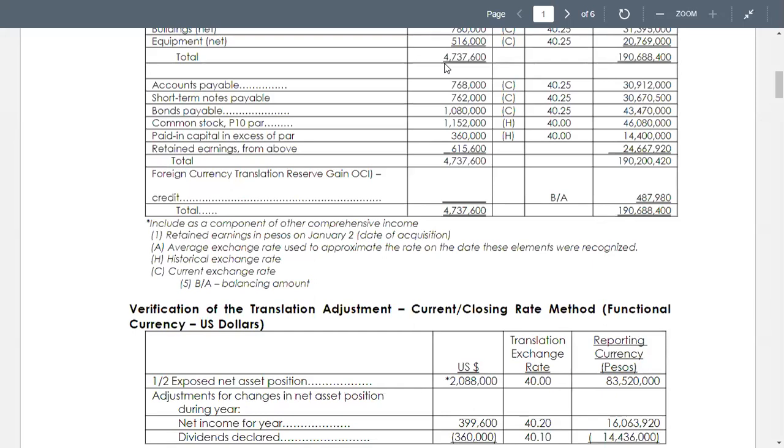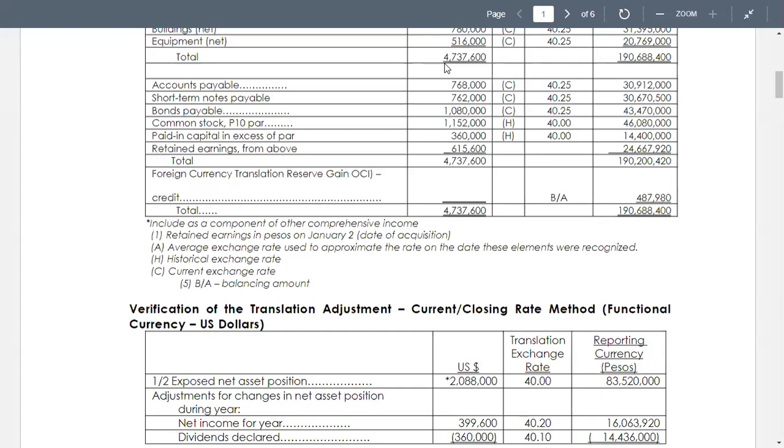Let's try to fill this up. Problem number 2, we are using the current rate method, translation into the presentation currency, as compared to the temporal or the remeasurement method, translation into the functional currency.